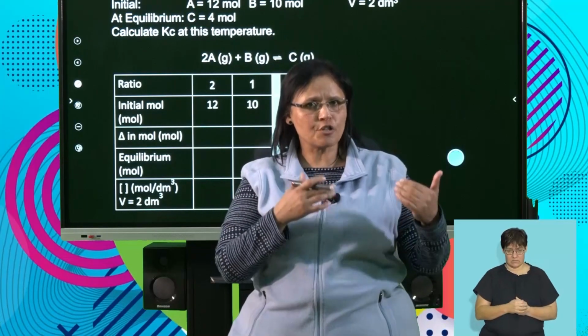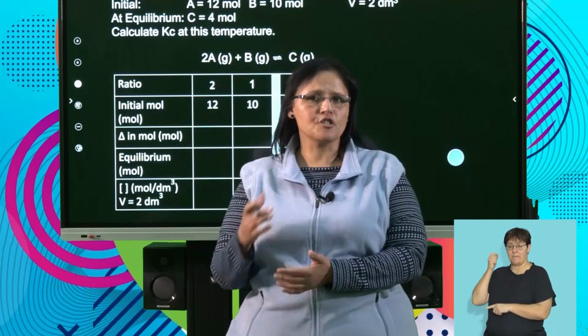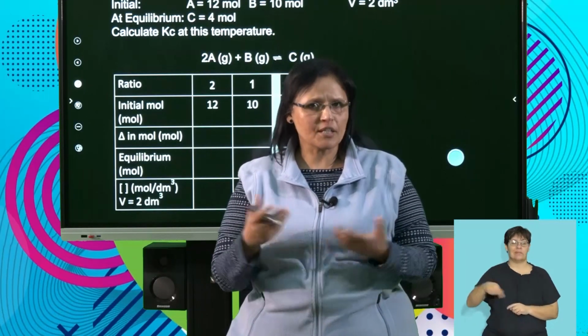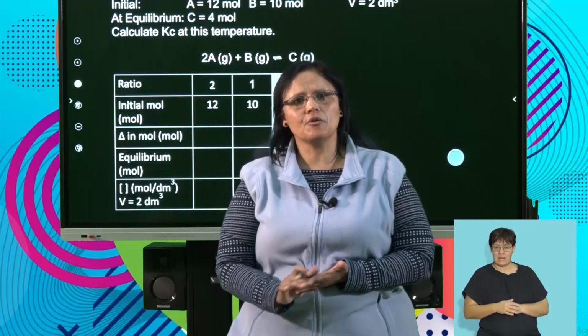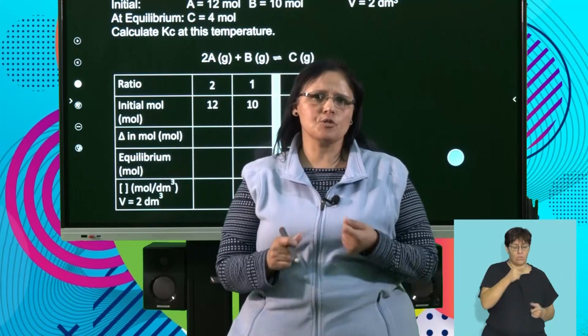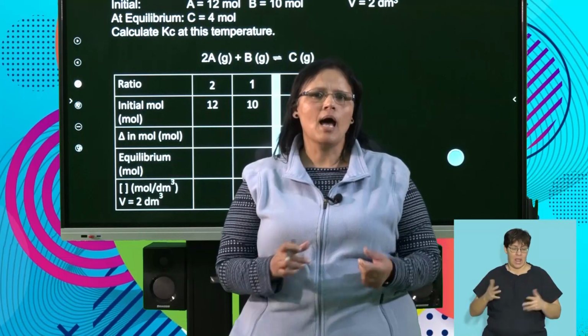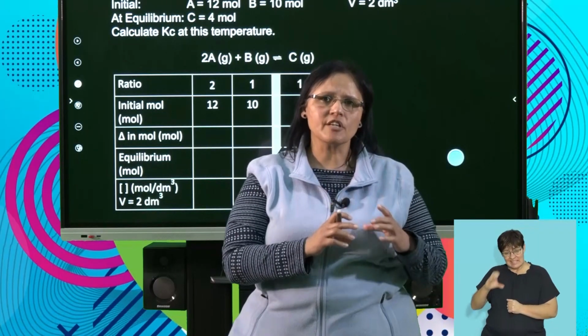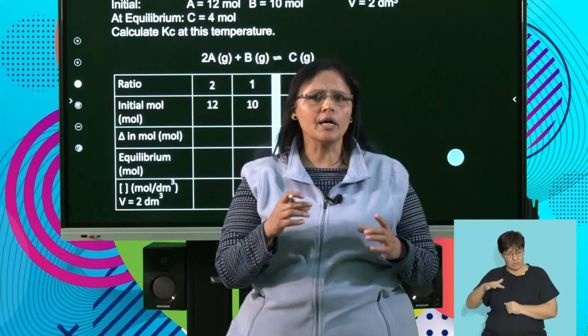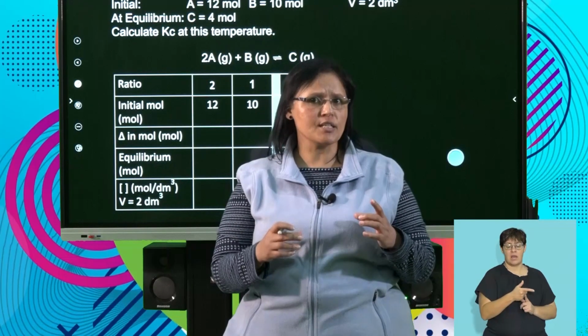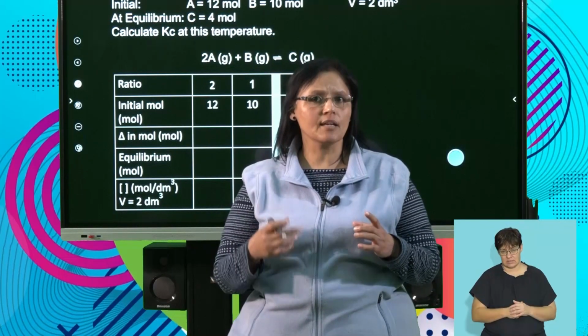As long as you get to the end point, it's not really about the journey. But the journey that I would like to explain to you now is how to convert those moles into concentrations at equilibrium, and how to then use those concentrations at equilibrium to work out the equilibrium constant, or as we call it, the Kc.